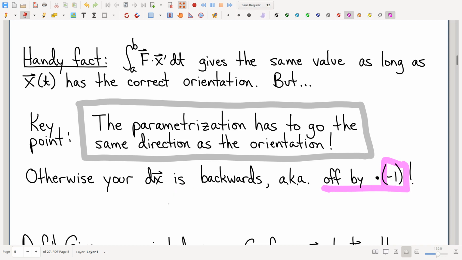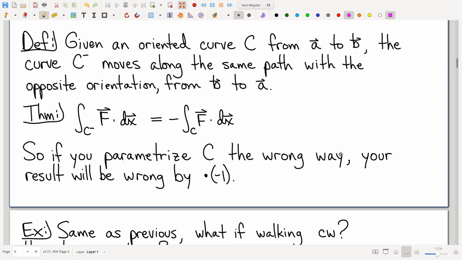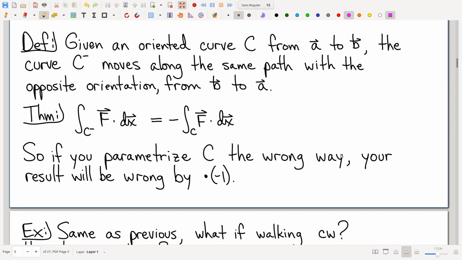Okay. So let me write this down a little bit more precisely. This is just notation, right? Nothing to be creeped out by, but we're going to use a superscript minus sign as a notation to just say, same curve but going the opposite direction. Same curve but with the opposite orientation.